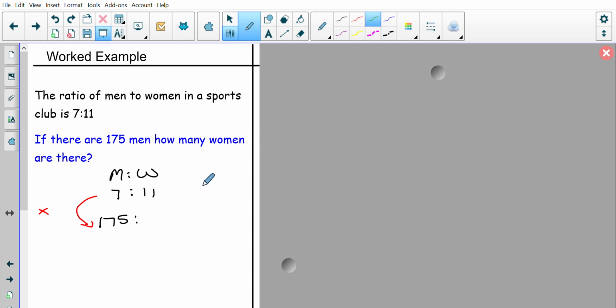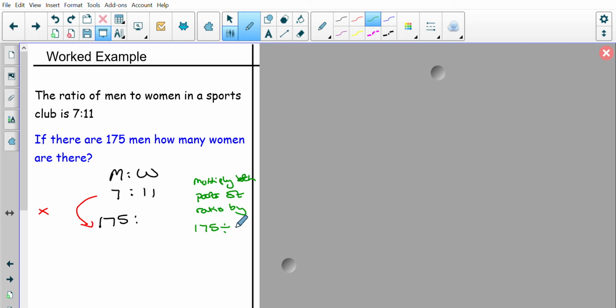So in order to work out what I need to multiply, I need to actually do 175 divided by 7. Okay, so let's just make a note here. We want to multiply both parts of the ratio by, how am I going to work out what I need to multiply by? Well, let's do the opposite.